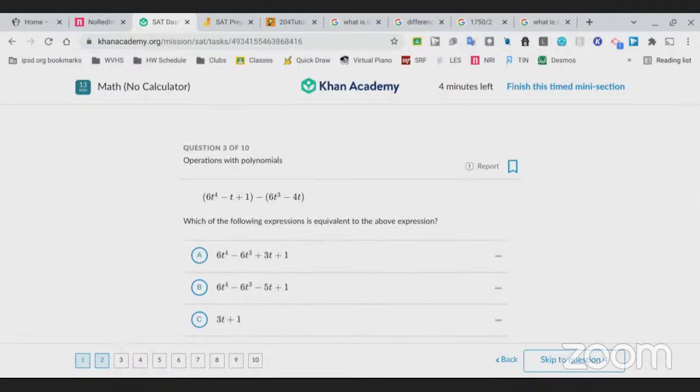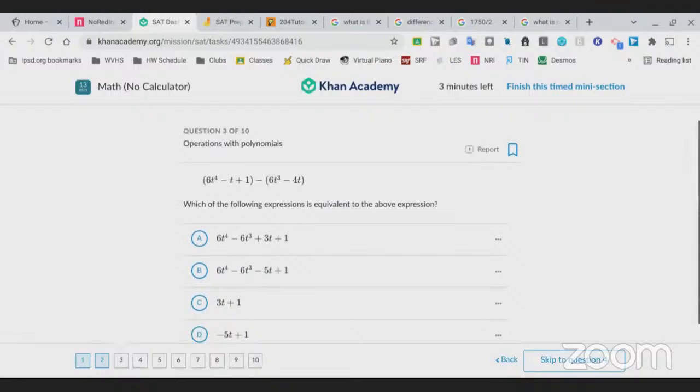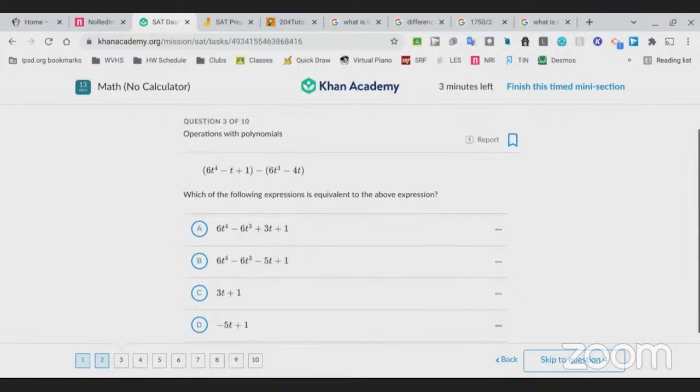So that's pretty much 6t to the third minus 2t to the third, and then that's going to be plus 1. You missing t to the fourth somewhere? What happened to your 6t to the fourth?